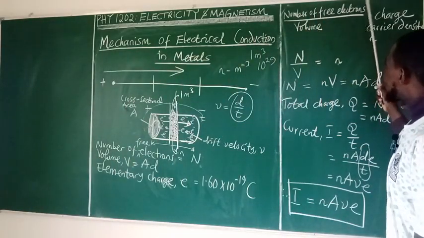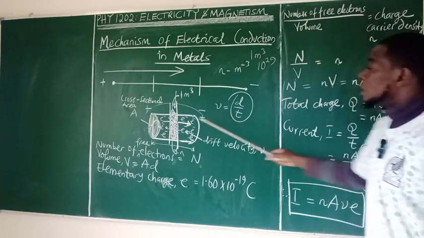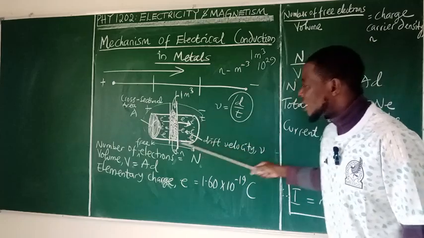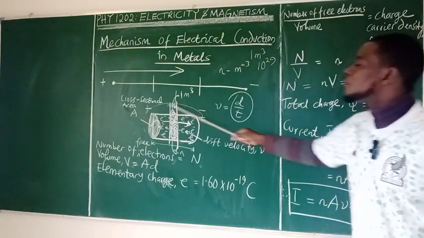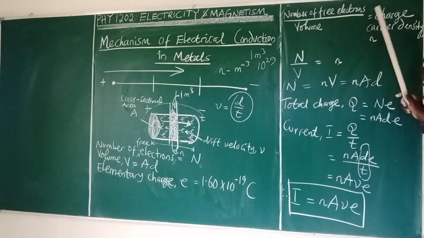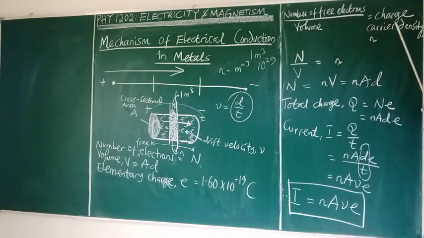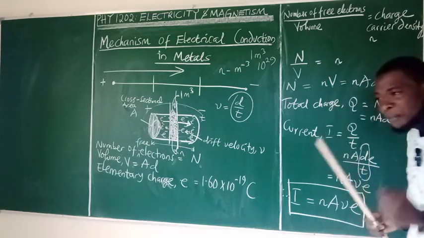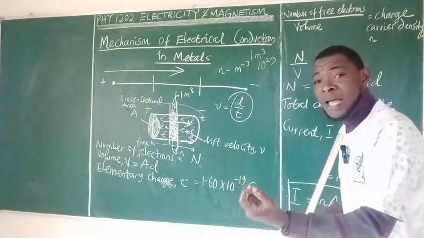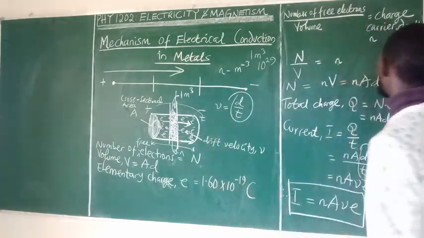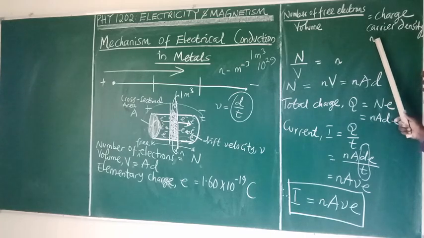Number of free electrons divided by volume, meaning the total number of free electrons divided by the volume of the material, this fraction is called charge carrier density, and it is the number of free electrons in 1 meter cube volume of the material, denoted by small letter n.